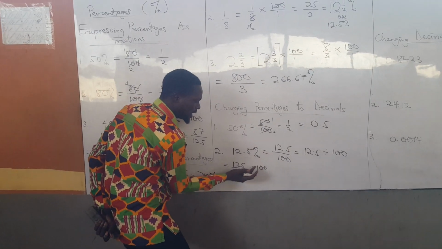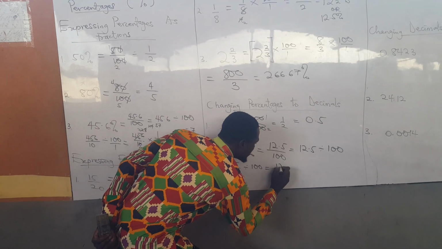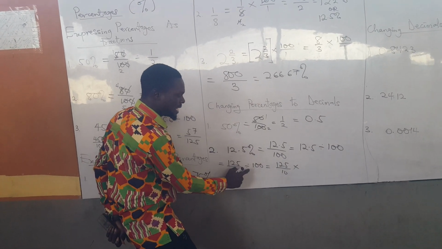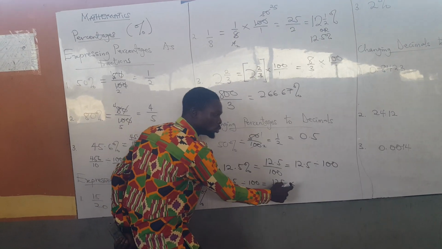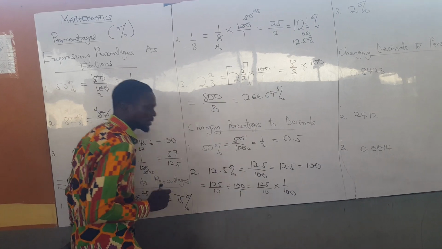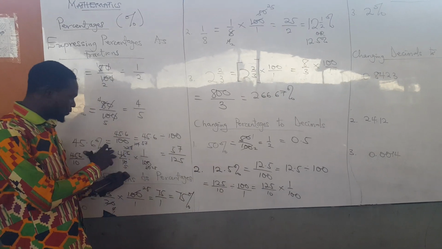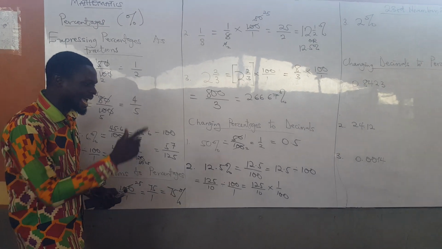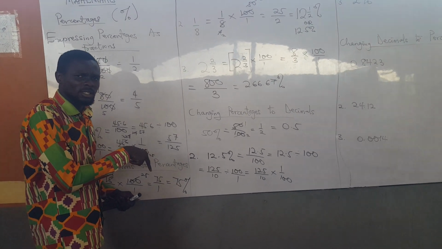Now this can be written as 125 over 10 times, immediately you change the division to times, you reciprocate the 100, which is 1 over 100. That is what you have been taught from the previous one that we did here. So now, check and see. Can I cancel? Yes, we can cancel.